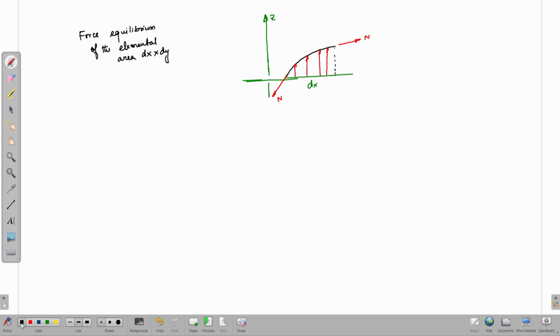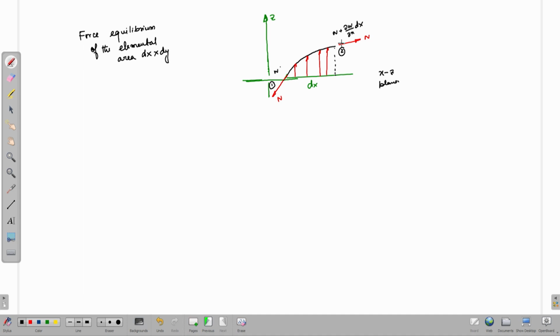so if I draw a portion of the elemental area in the xz plane, so W is, this is not the edge, this is not the boundary. So, W is the out of plane deformation at this point 1, and thereby W plus del W by del x into dx is the deformation at point 2.